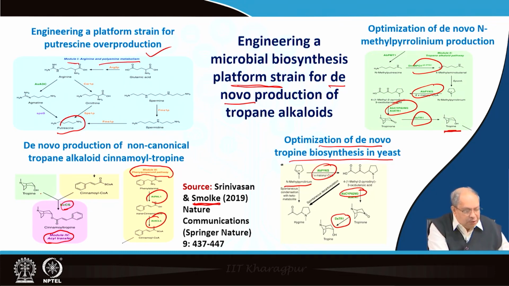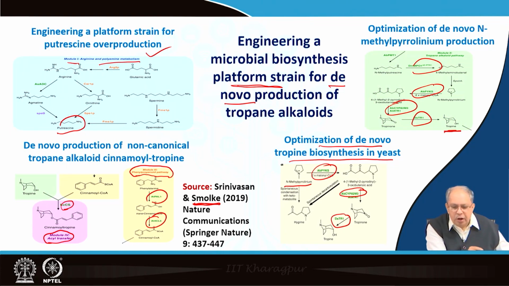What it does is join tropine and cinnamoyl CoA, and as a result of this enzyme-catalyzed reaction a new product is formed, called cinnamoyl tropine. This is not known to be produced in plant or microbial systems till date, but it has been produced by the engineered yeast.